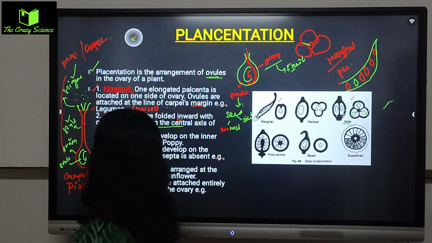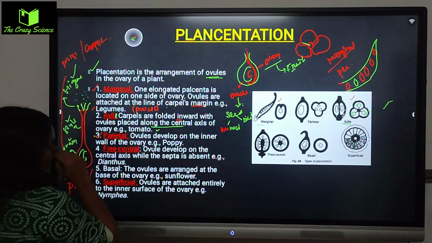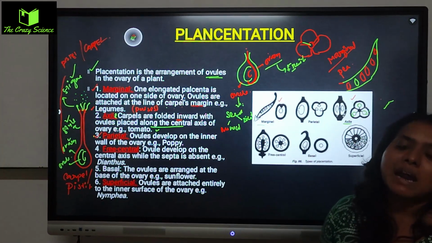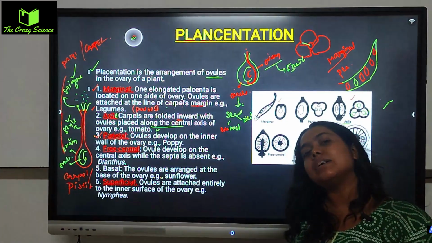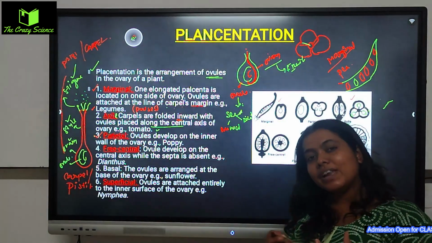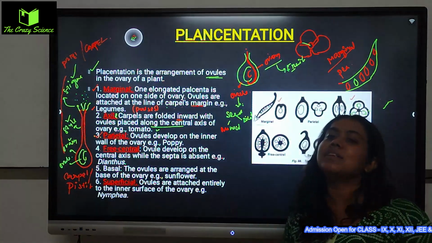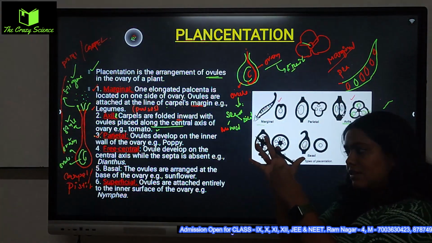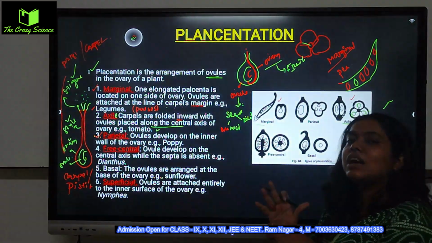The third is the parietal. Ovules develop on the inner wall of the ovary. So in parietal, the ovules are formed on the inner wall of the ovary.